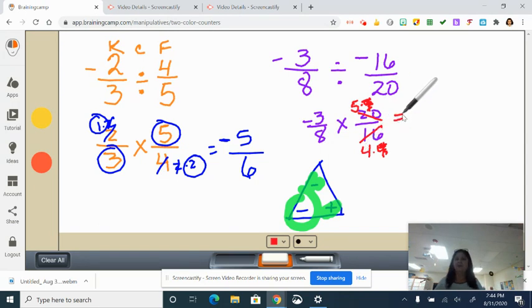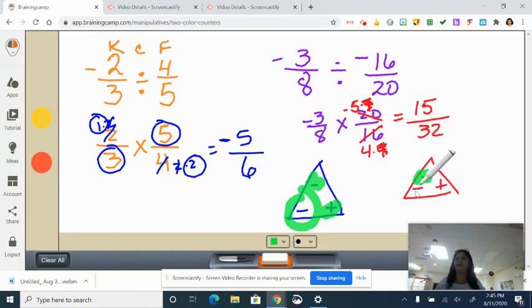No, they don't. So I can just multiply across. Negative 3 times negative 5 is positive 15, and 8 times 4 is 32. So remember, I had two negatives. If I do my triangle, I had a negative and a negative. So I know my answer is going to be a positive. So my answer is 15/32.